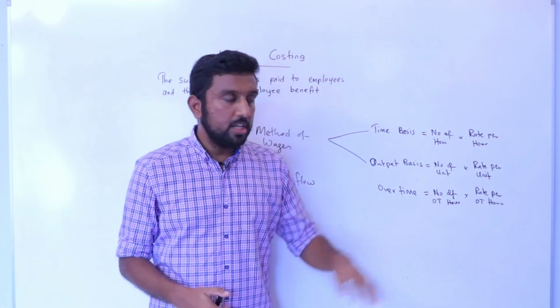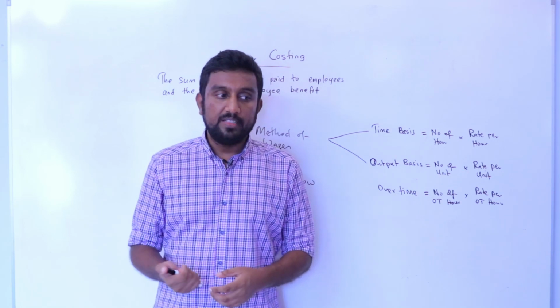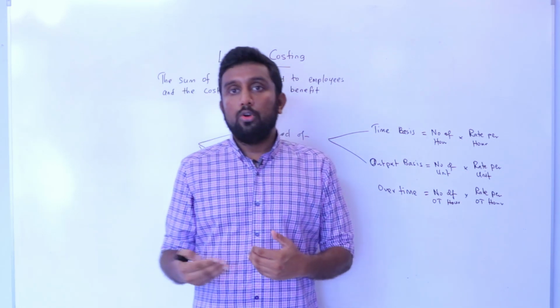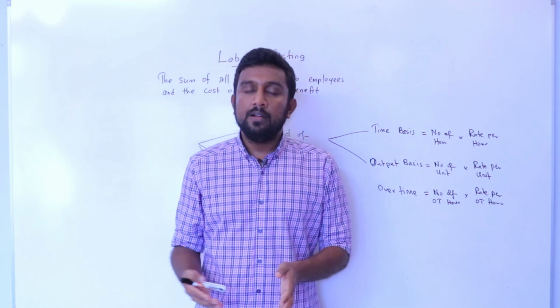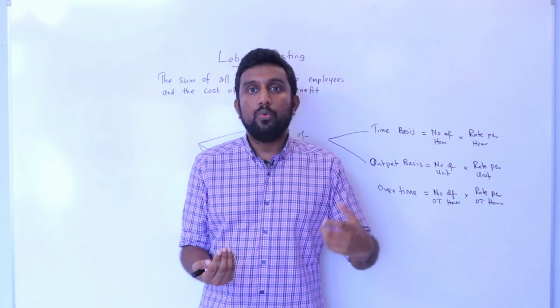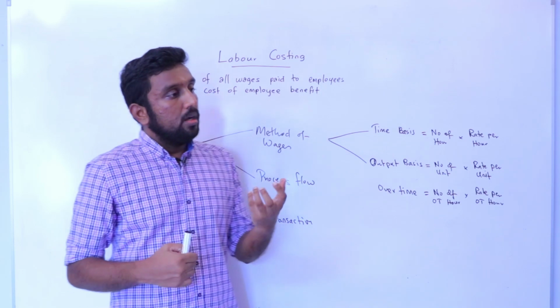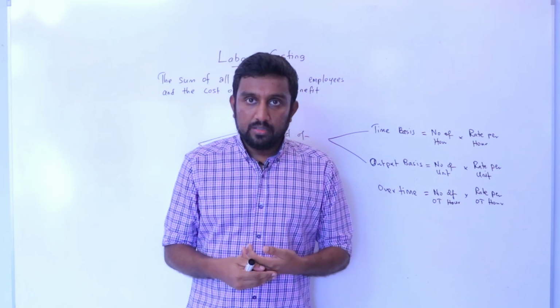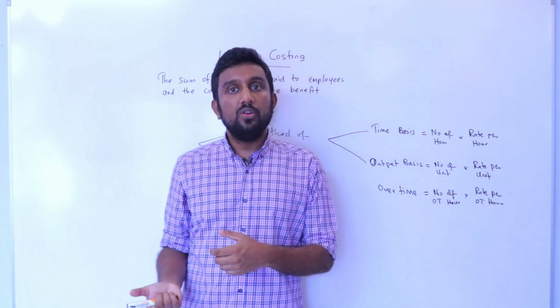Generally a business won't pay based on time basis and output basis together for one employee. For example, let's say an employee works for 8 hours per day, and if he produces 800 units, they won't pay for 8 hours and for 800 units for one employee, right? But there are chances where, let's say, the time is 8 hours and the target is 800 units, but he produced 1000 units.